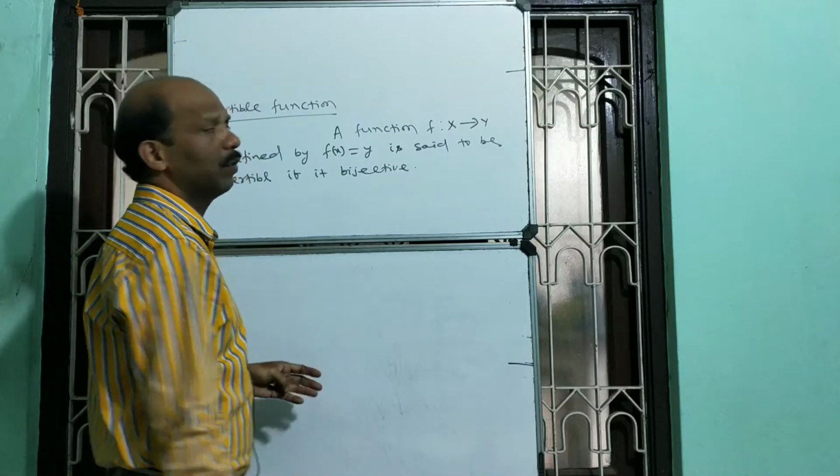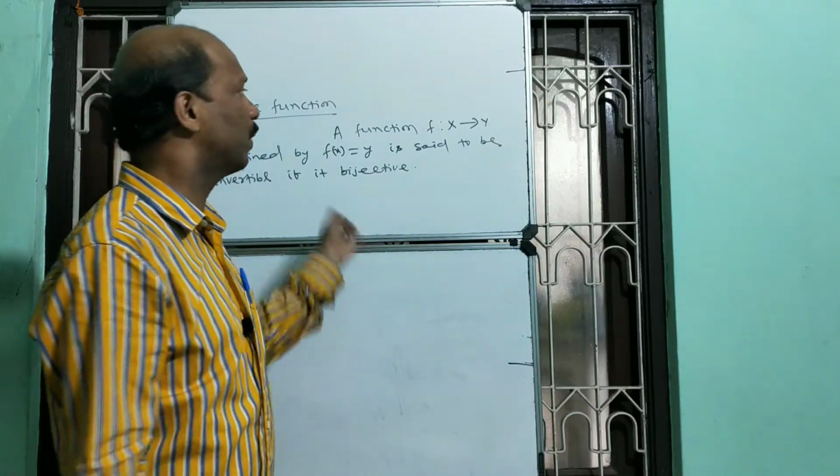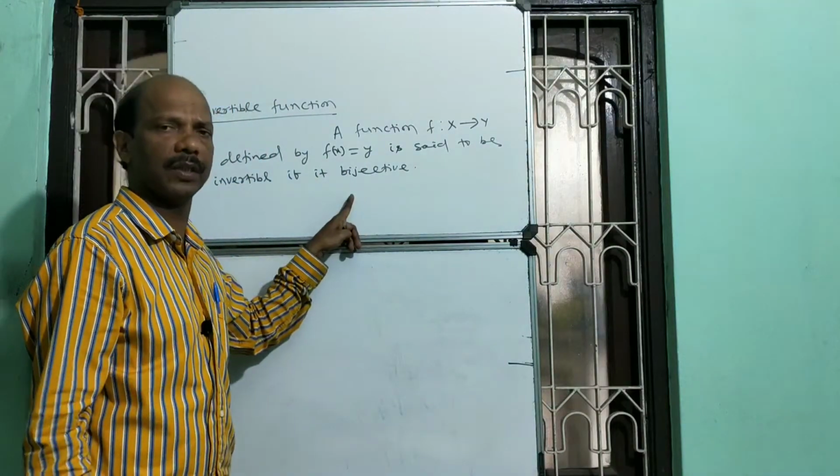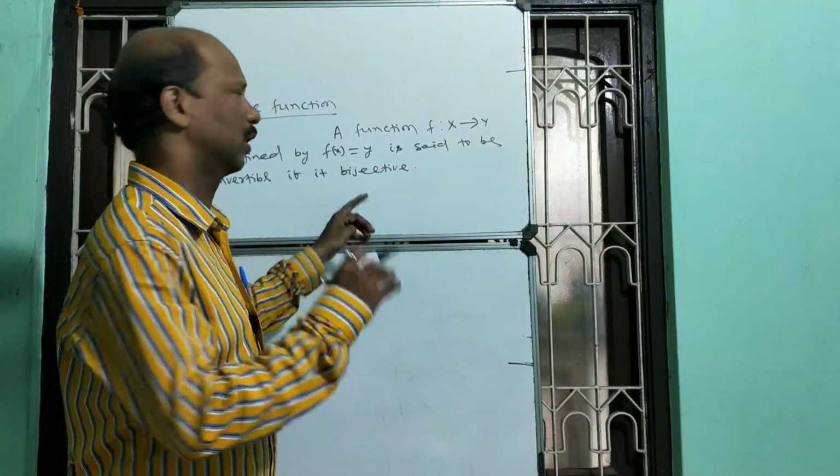That means if the problem asks to prove that the function is invertible, you just have to prove that it is a bijective function, that is injective and surjective.